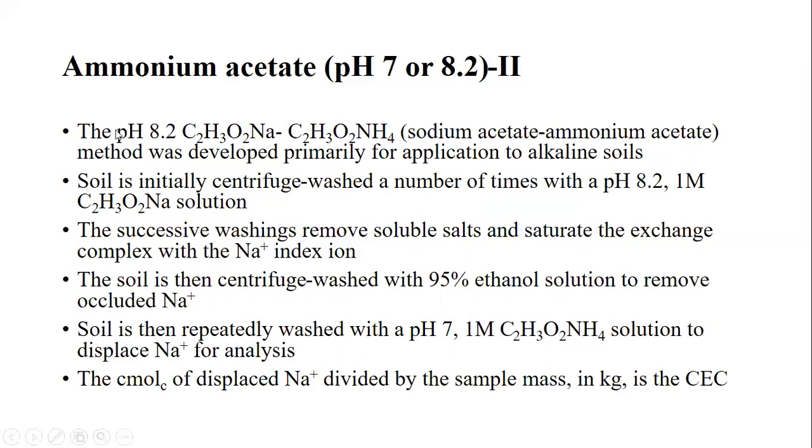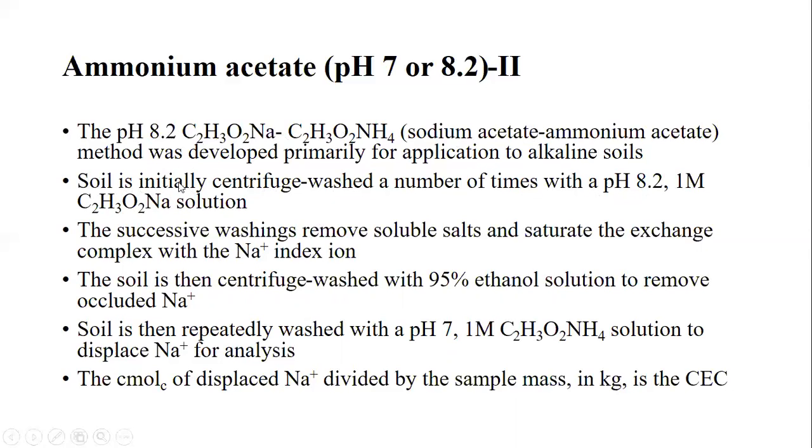The pH 8.2 sodium acetate, ammonium acetate method was developed primarily for application to alkaline soils, remember, so that we can be very close to the pH of the soil in the field. The soil is initially centrifuge washed a number of times with a pH 8.2, 1 molar sodium acetate solution.